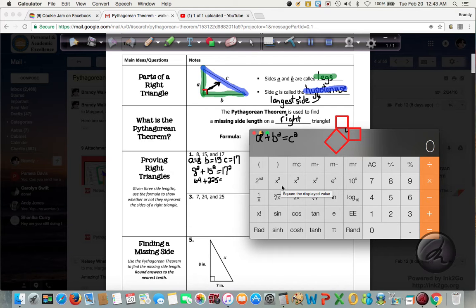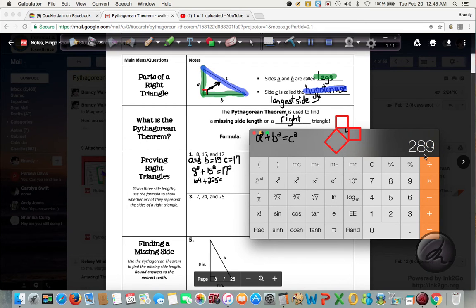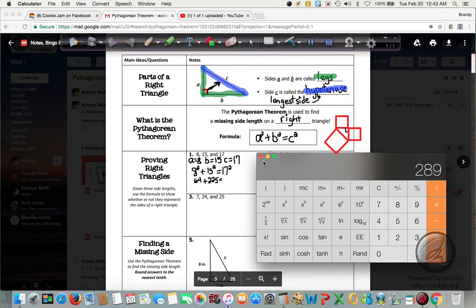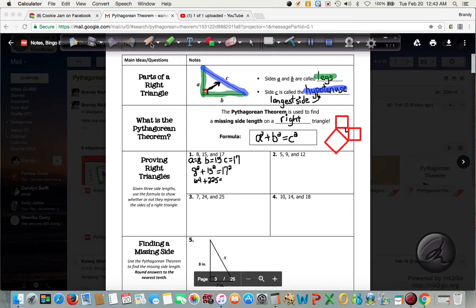You can use that: type in the number 17, y to the x, 2, and equals. The x squared button is like a shortcut. It just does it very quickly without the extra buttons. So I want 17 squared. I click my square button here: 289.